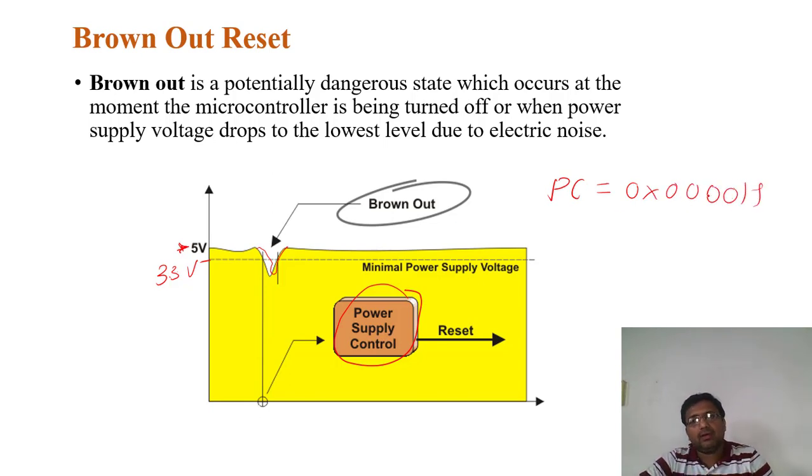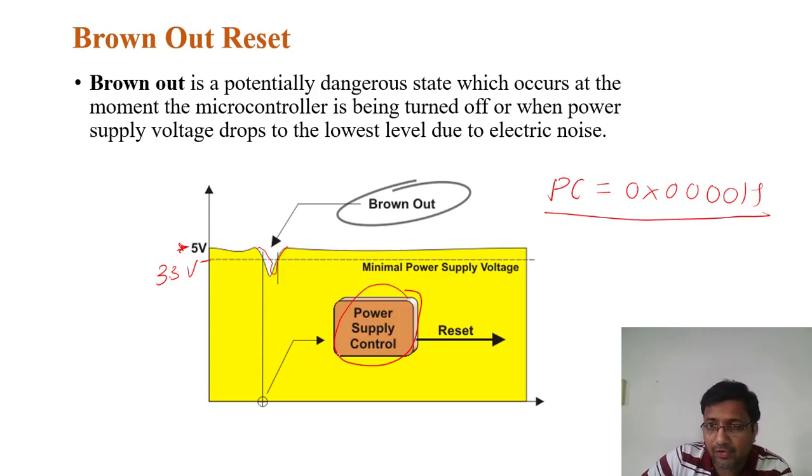Brownout reset occurs when there is a voltage surge or voltage drop due to some electrical noise, and then the microcontroller resets itself and loads the program counter with the value 0x0000h. So this is about brownout reset.